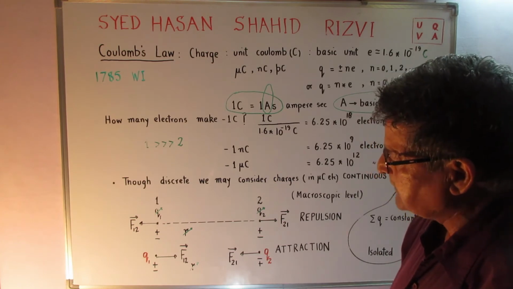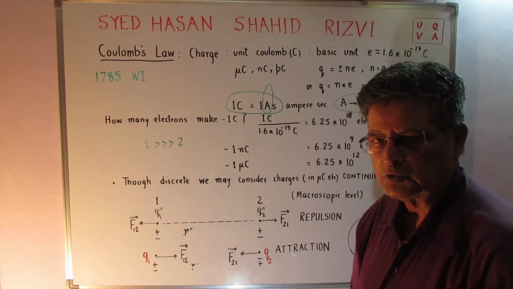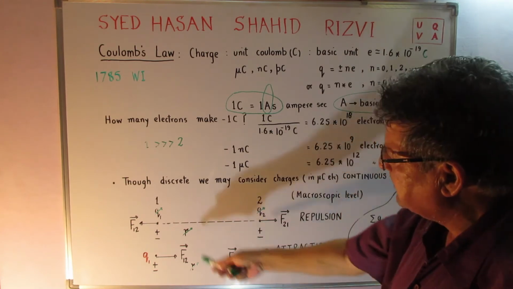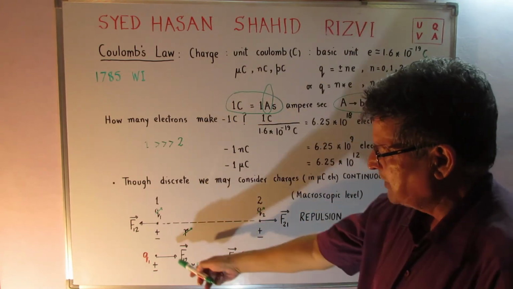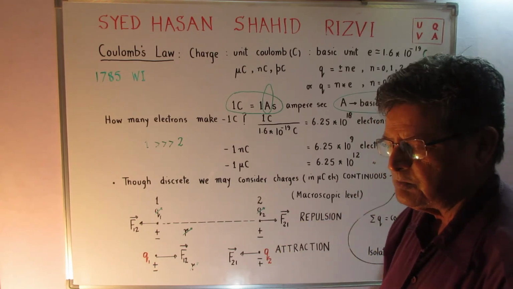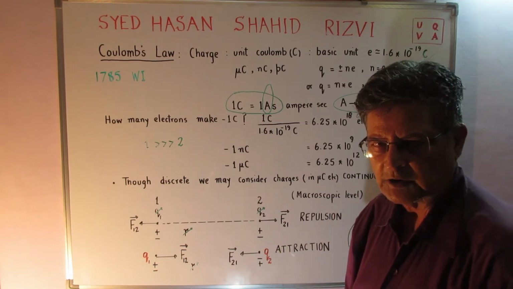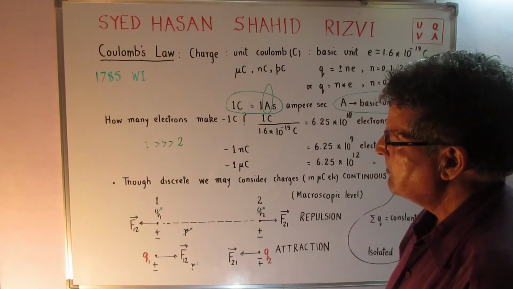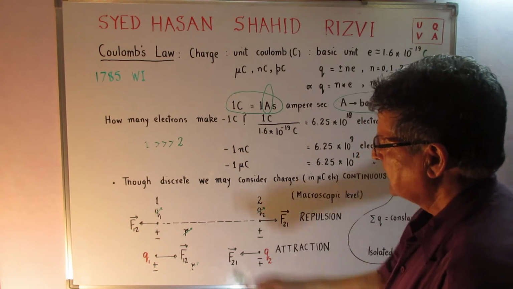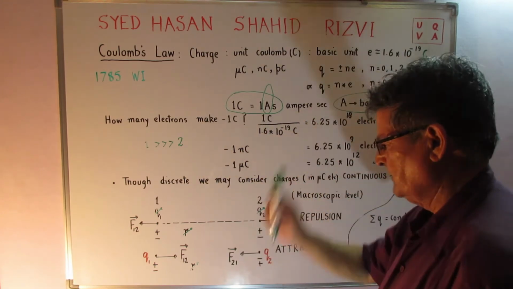The force acts along the line joining these two charges. Okay. Like before, the magnitude of the charge on body 1 may be much larger as compared to the magnitude of charge on body 2, but the forces will be equal. The forces will be opposite.